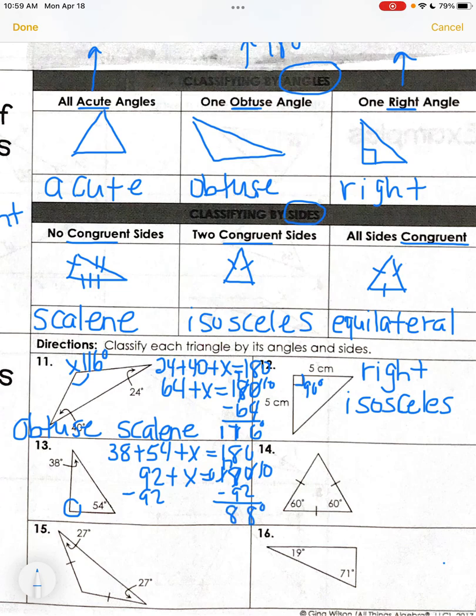So it's 88 degrees. So all three angles are less than 90 because we got 38, 54, and 88. So that is acute. And none of the sides are equal, so that'll be acute scalene.